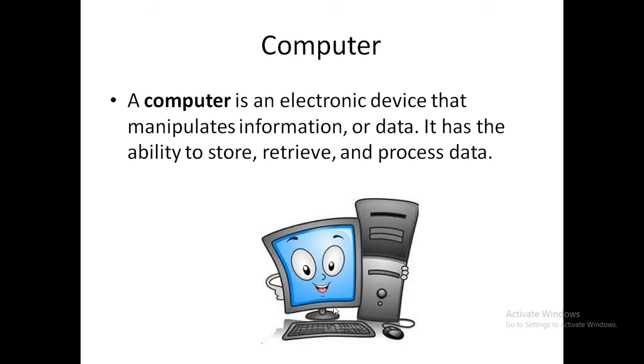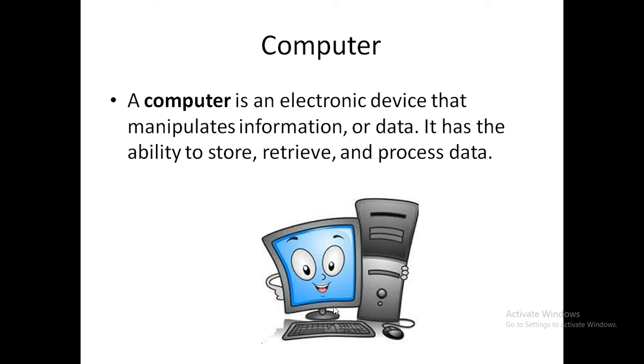So, a computer is an electronic device that manipulates the information or data. Why is it known as an electronic device? Electronic devices are those devices which work with the help of electricity. When there is no electricity, no work. Your AC will work with the help of electricity.